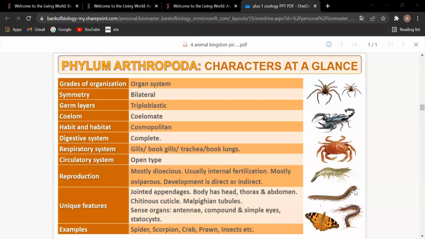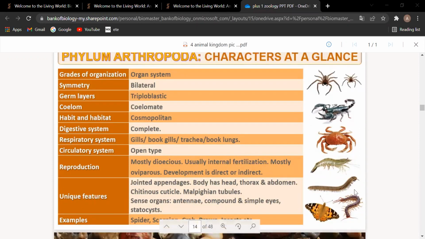They can only understand the vibrations. They don't sense any light or taste, or they can't see anything, but the vibrations can be felt. Examples of this particular arthropod are spider, scorpion, crab, prawn, and insects. So these are the characteristics at a glance.